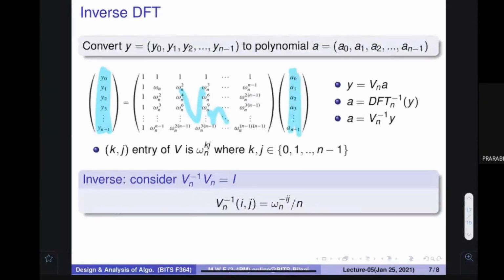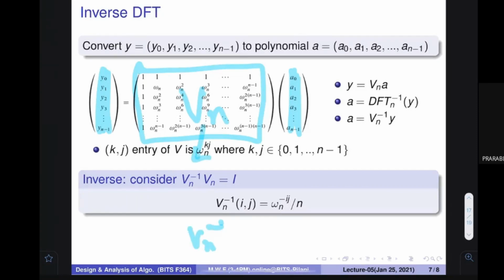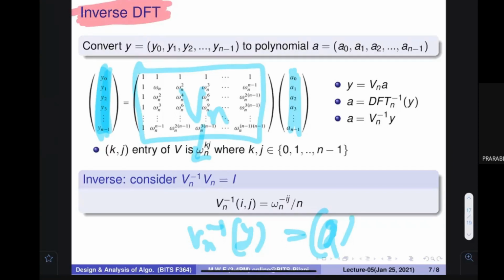If you find the inverse of this quantity, vn inverse, and multiply it with the y's, which are now available, then you can find the values of a, using the same recursive methodology you applied here. This is the method to find the inverse of DFT. This method also takes order of n log n time, and this is very simplified.